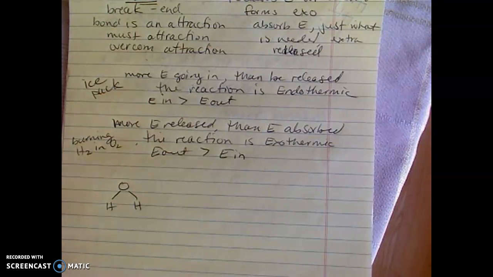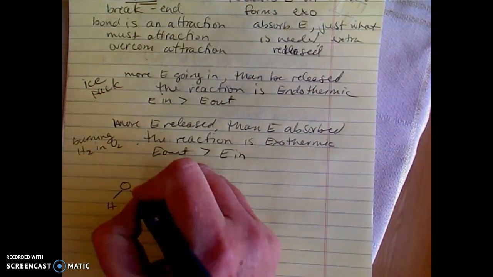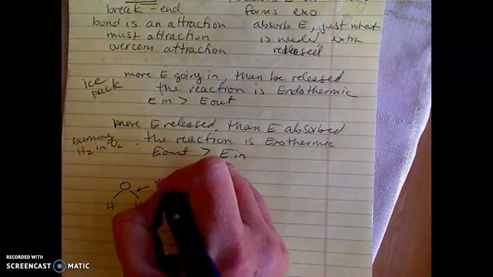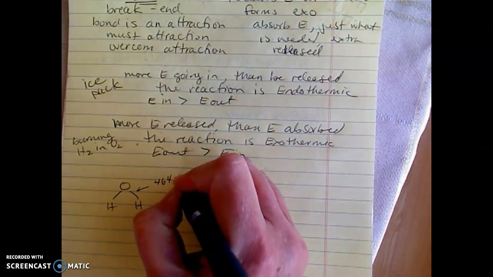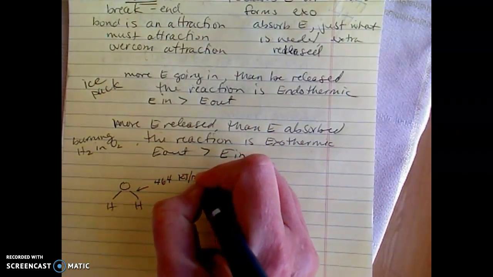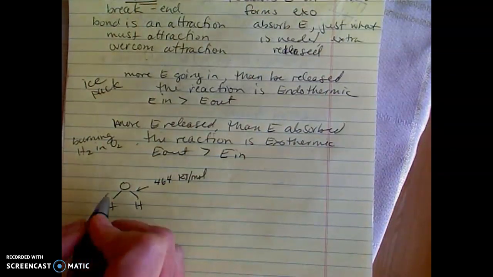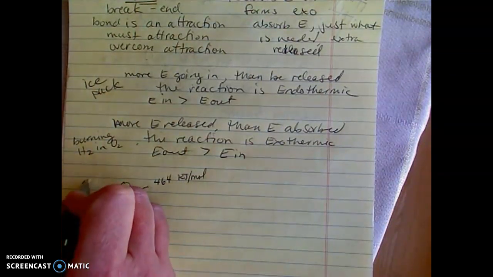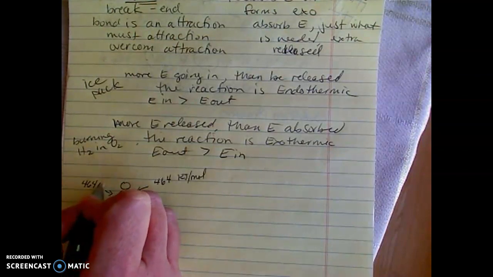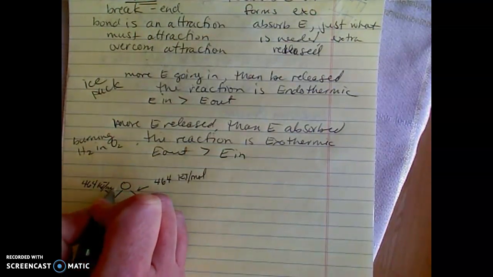So if we were to look at an oxygen-hydrogen bond, we would look that up in table 16.3 in the book, and it says an OH bond requires 464 kilojoules for every mole of bonds. Okay, this is the exact same, so this bond would take 464 kilojoules for every mole of water.